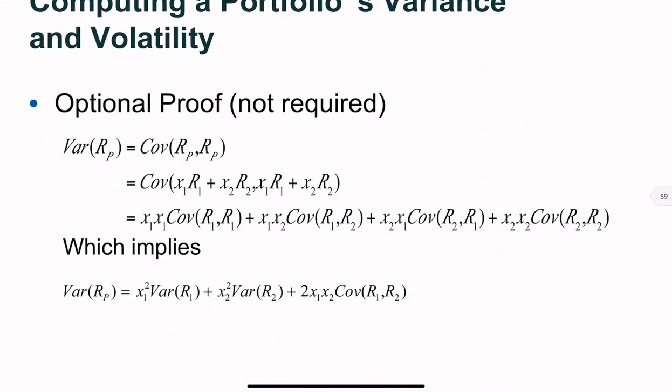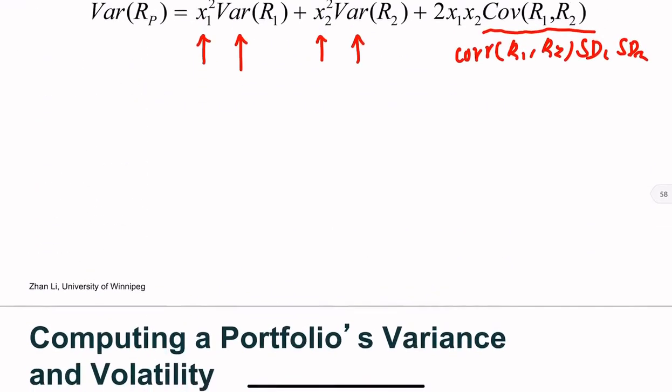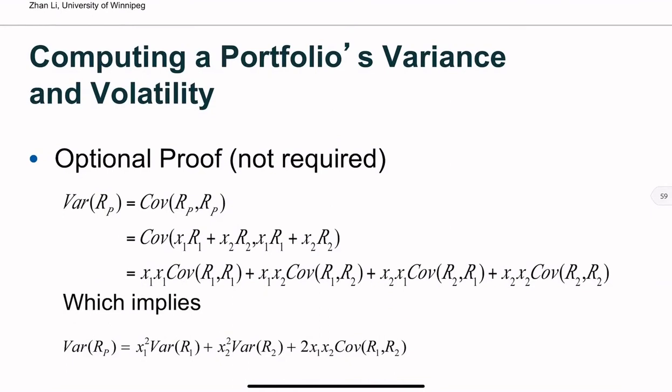You have this proof here, which shows why you get this formula, but it is optional and not required. If you're interested in the mathematical details, you can read this proof yourself.